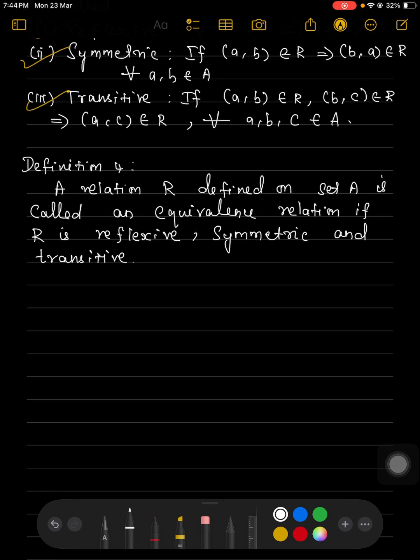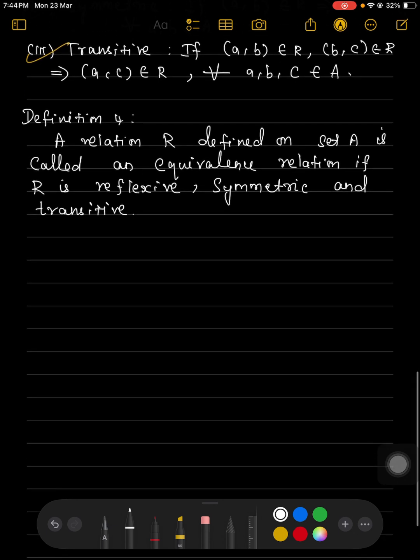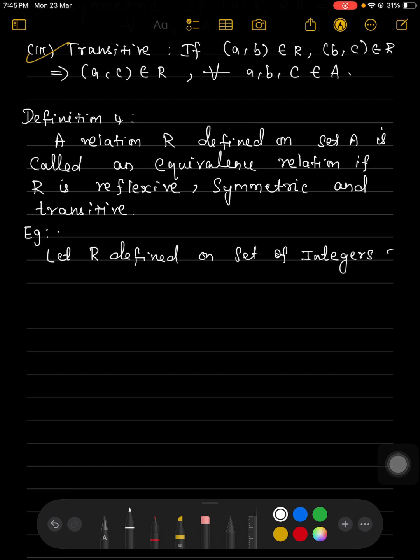What we have seen is just a relation. Let's see an example of whether the given relation is an equivalence relation or not. With an example, let R be defined on the set of integers Z, given by some condition.